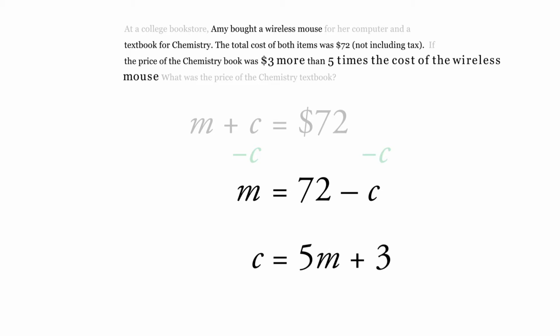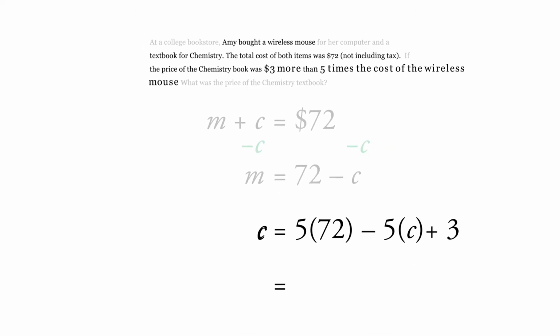So C equals 5, and we're going to replace that M with 72 minus C, plus 3. So that's C equals 5 times 72 is 360. So C equals 360 minus 5C plus 3.